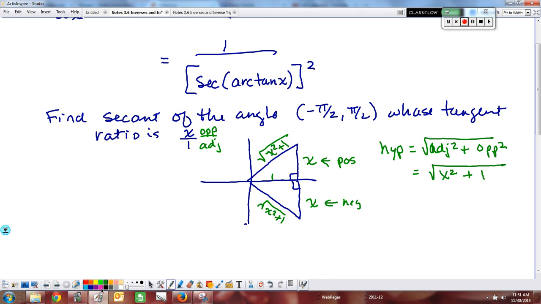Right. So coming back to my formula, the rule that we have for that one would be 1 over the secant. Secant is your hypotenuse over adjacent. So the hypotenuse over adjacent would be square root of x squared plus 1 over 1, or 1 over square root of x squared plus 1.